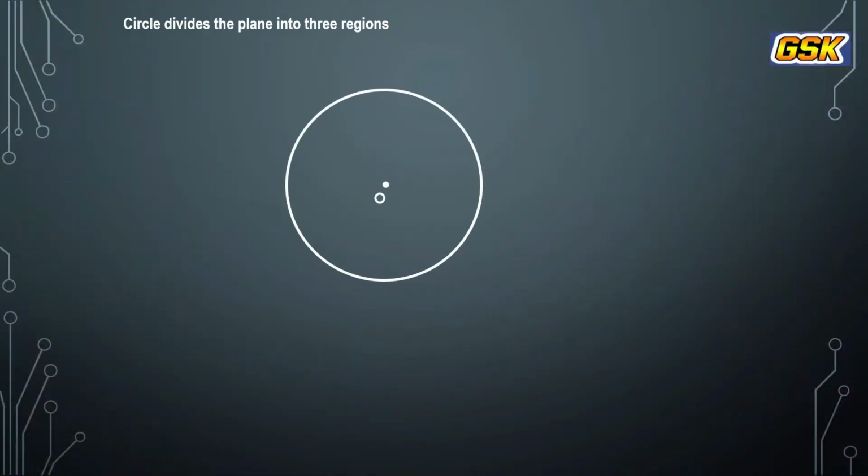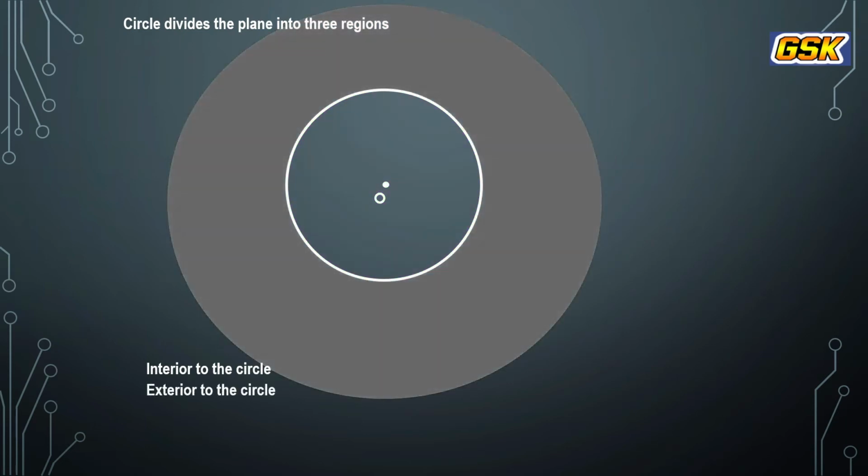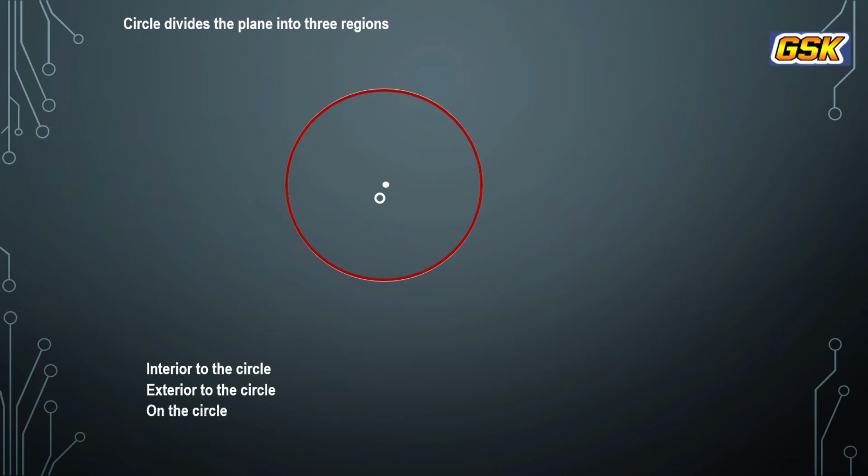Next, circle divides a plane into 3 regions. Every circle divides the region into 3. That is, interior to the circle, and next, exterior to the circle. Next, on the circumference of the circle, on the circle.